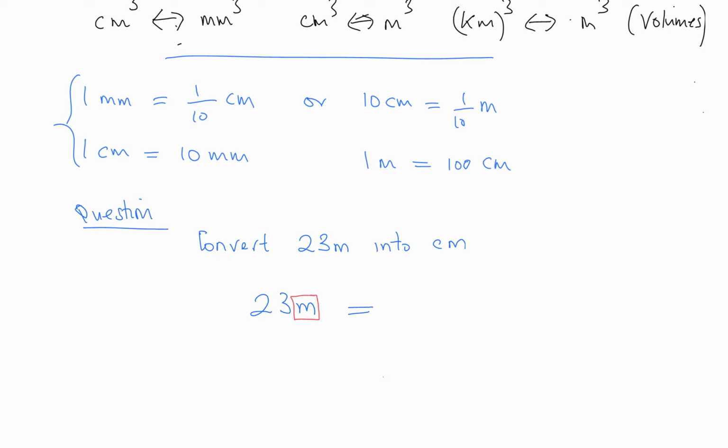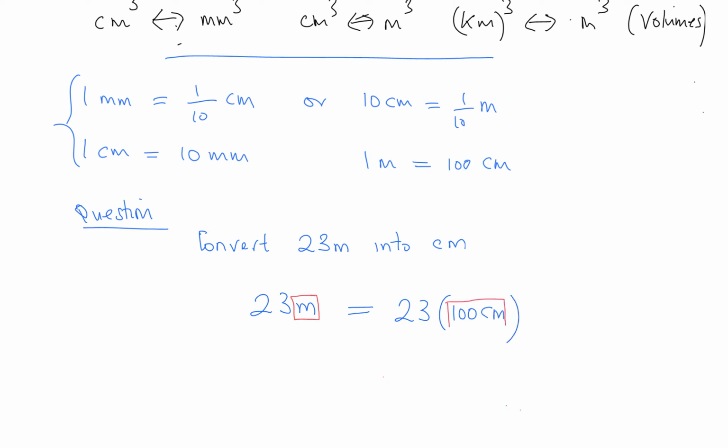The 23 means 23 lots of that 1 metre, making 23 metres. So 1 metre is how many centimetres? Well, that's 100 centimetres. So what we've got then is the 23 that's from before, and then we've got 100 centimetres.